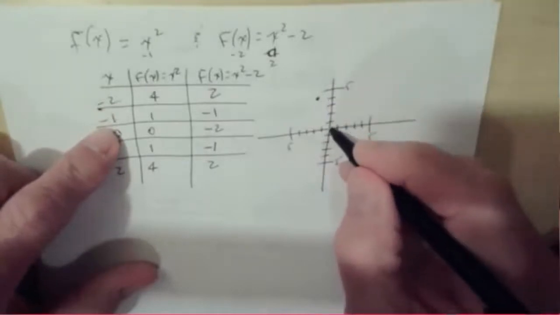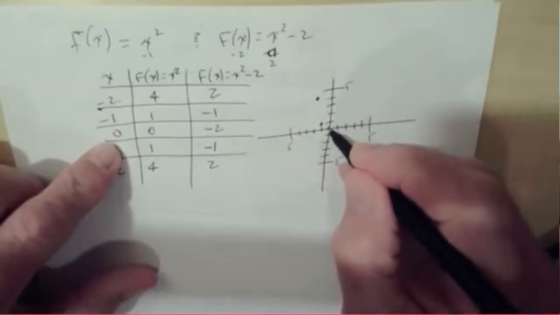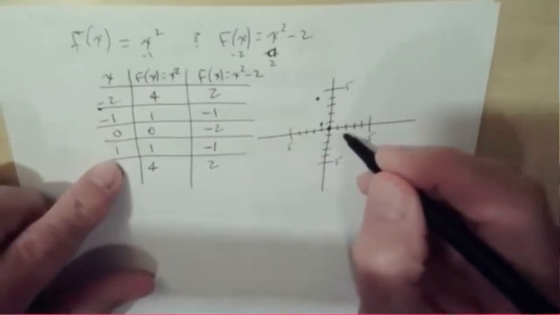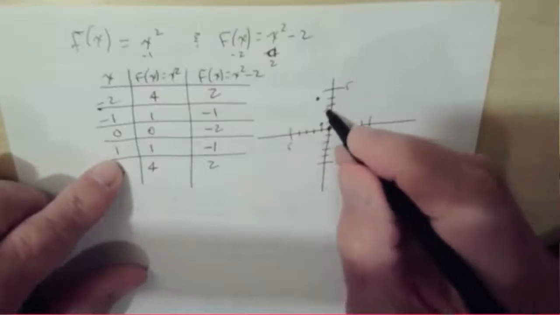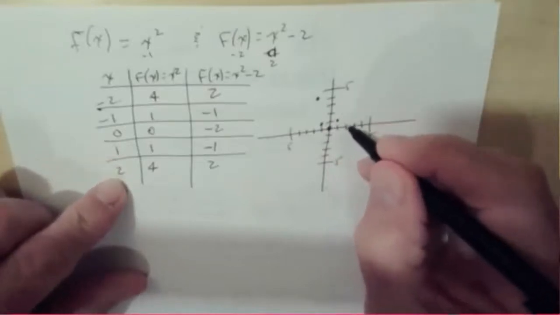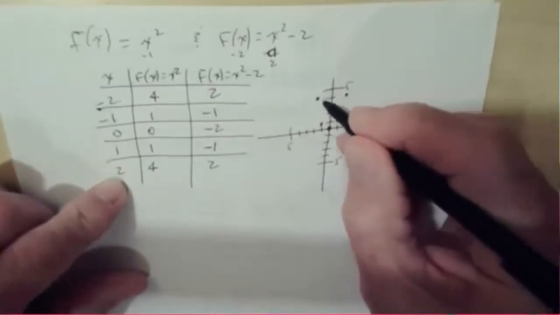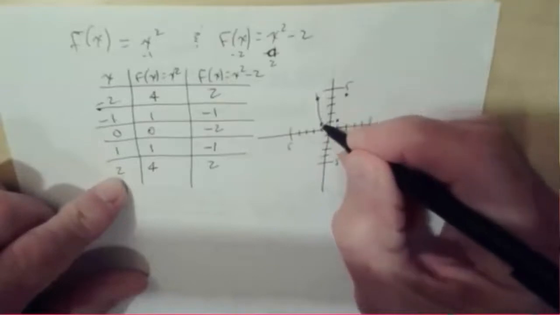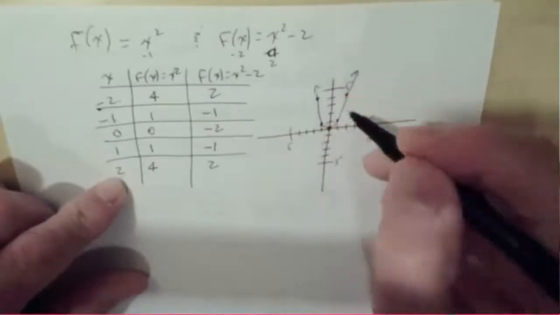Negative 1, 1 is here. 0, 0 is right there. Now we have 1, 1 is here. You'll notice that they're exactly the same. And 2, 4 would be about here. Now if we draw our parabola, and it will go on forever.